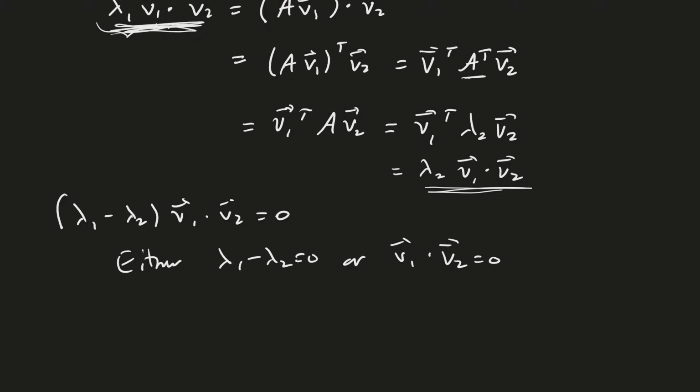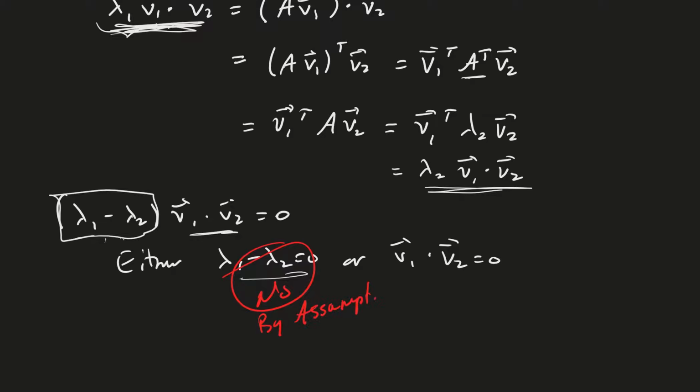Let's start with the constants. Is lambda 1 minus lambda 2 equal to 0? No, because this is by assumption, right? So therefore V1 dotted with V2 must be 0. So therefore the eigenvectors must be orthogonal.